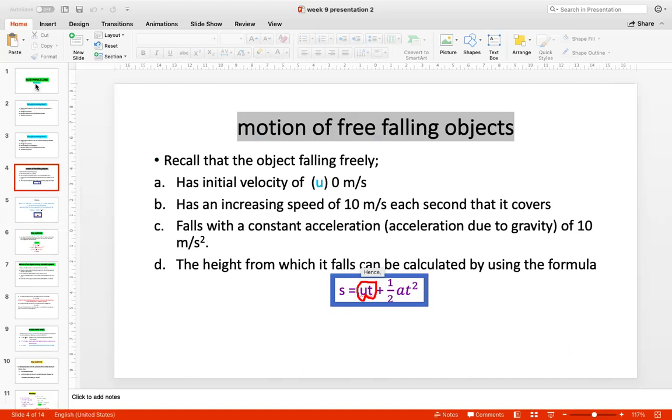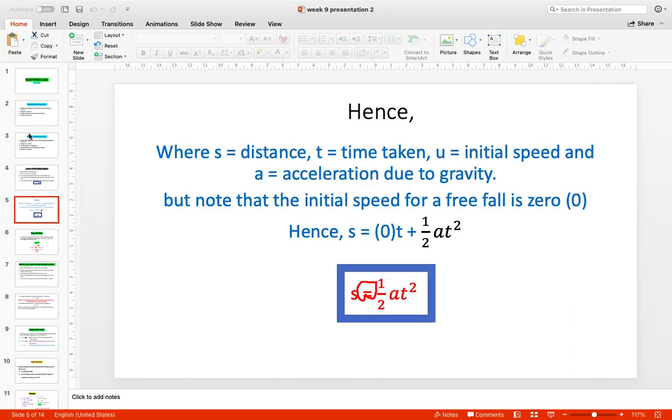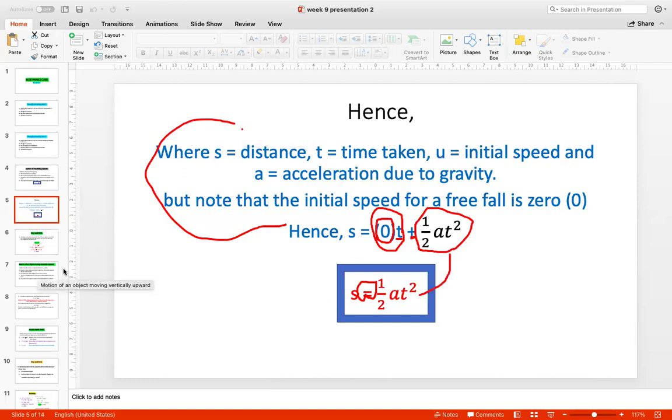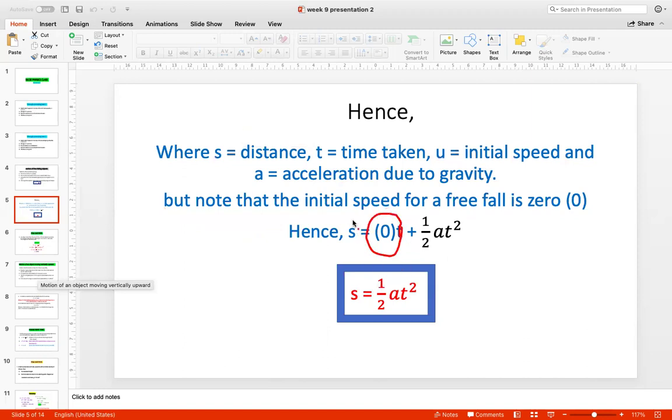So there is a better simplification: even if you multiply with the numerical value 10 here, you still get 0. And even if we add 0 to whatever values we have, it will not change them. As a result, this part disappears, and we only remain with distance being equated to these two.